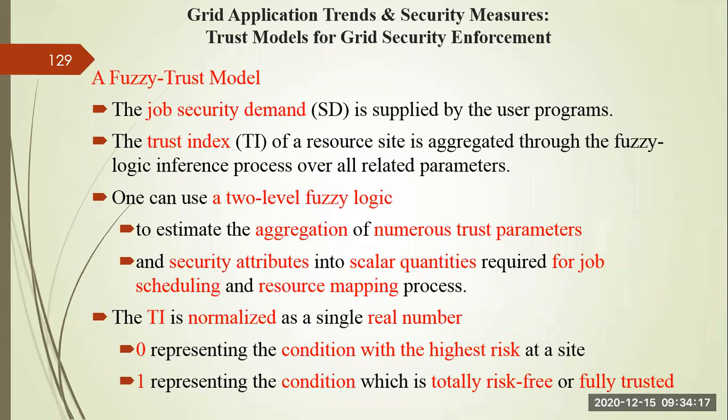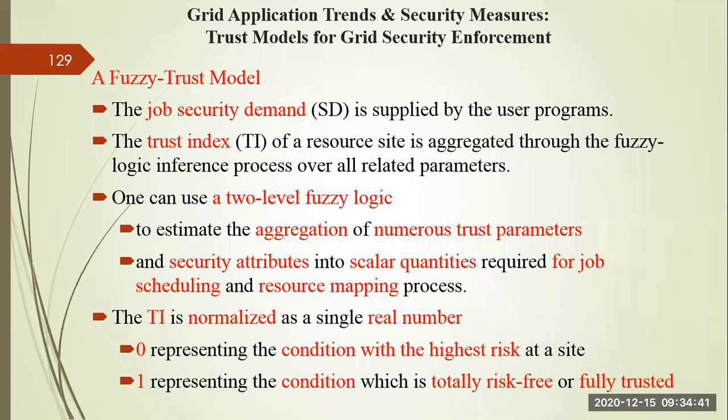Okay, you have to express the security attribute in terms of scalar quantities. Like fuzzy logic means, suppose I say that a person is tall if height is more than 6 foot, then for the person with 5 foot 9 inch, whether he is tall or not, somebody will say that he is 0.9 times tall, 90% tall. So similar kinds of scalar quantities you have to take into consideration.